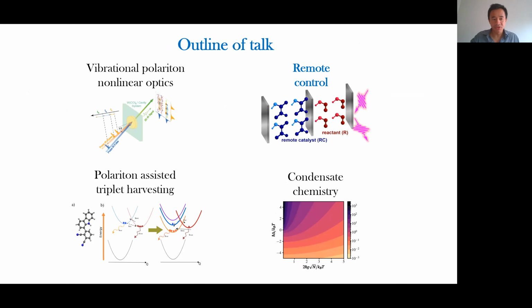So I showed you a bunch of snippets of the things we have been doing in this group. Some of it is work done in collaboration with experimentalists. Some of it is our own dreams, like this condensate chemistry that we're trying to actively persuade our colleagues to try.